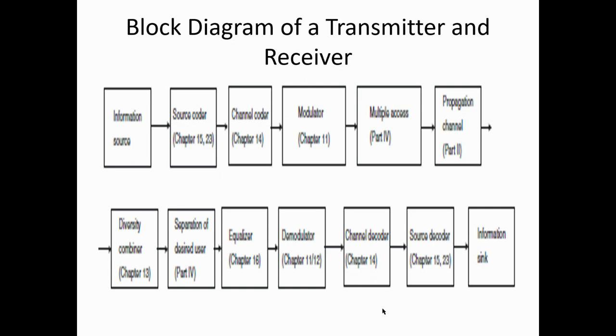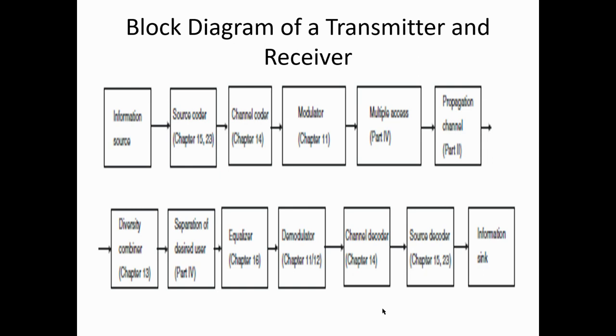Normally the source coder is used to remove the redundancy of the information which has to be transmitted. Why do we remove the redundancy? The information which is not necessary, or not taken into consideration, has to be removed so that we can concentrate on the information we require. That is called removal of redundancy.